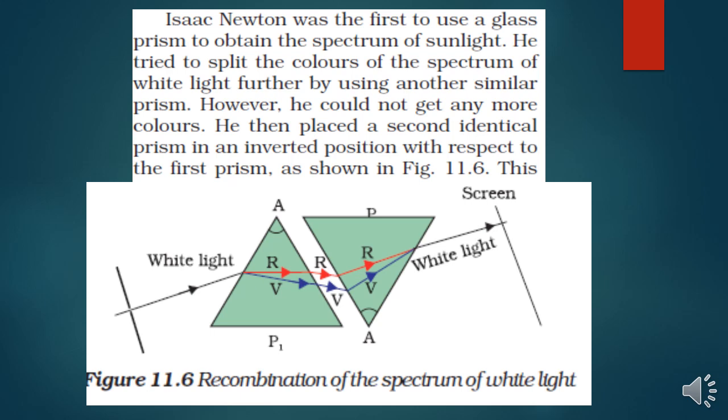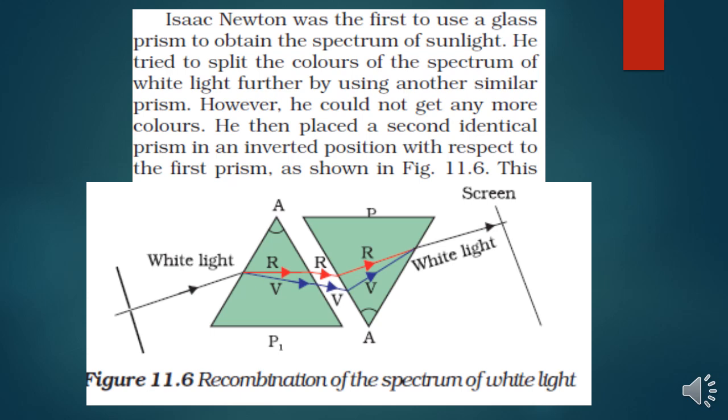Now have a look at the diagram on your screen. There are two prisms. One prism is upright and the second prism is put in an inverted position in such a way that their two faces remain parallel to each other.